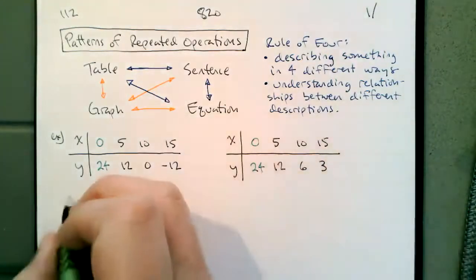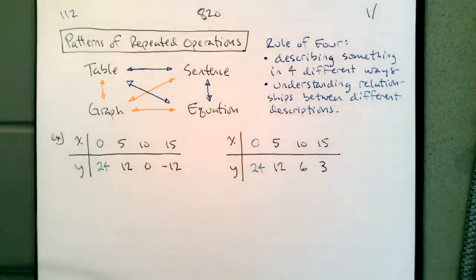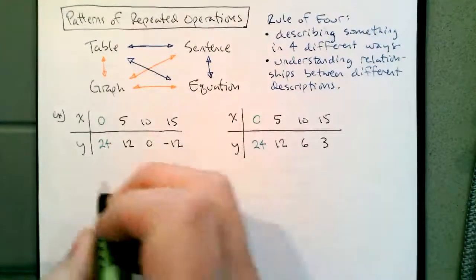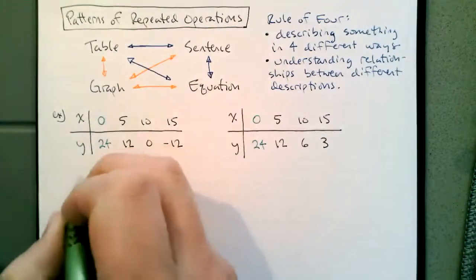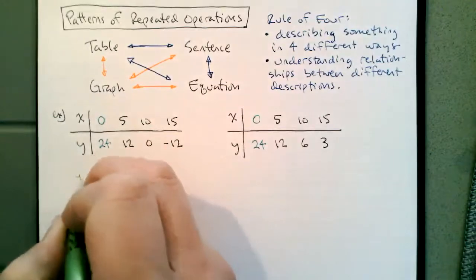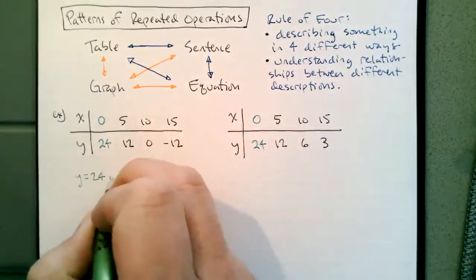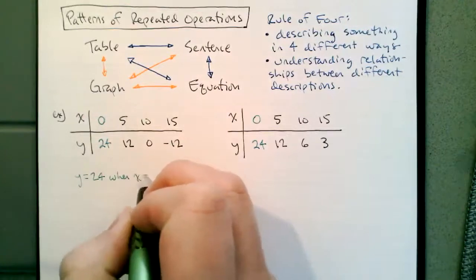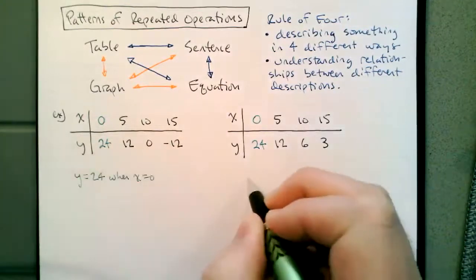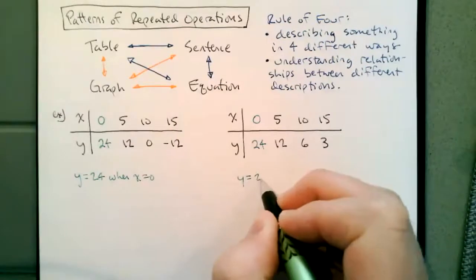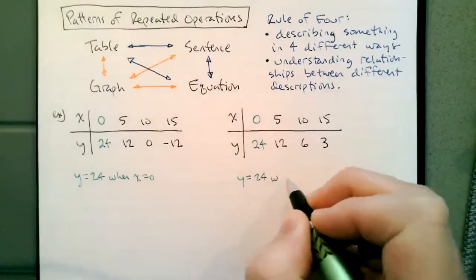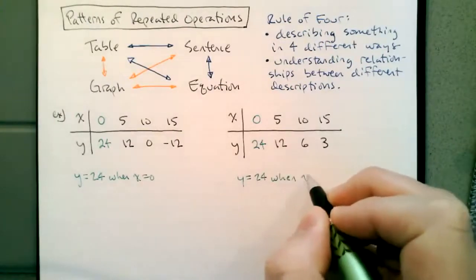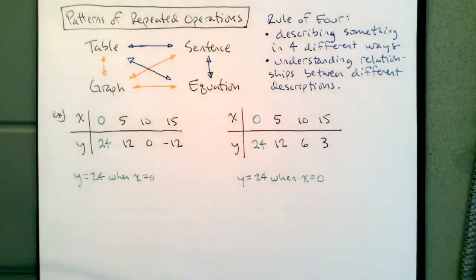They both start at 24. So if we write a sentence to describe what's going on here, we would say y equals 24 when x equals 0. That's our starting point. In both functions, that's how we would start our description. Here is a fixed point to start with.